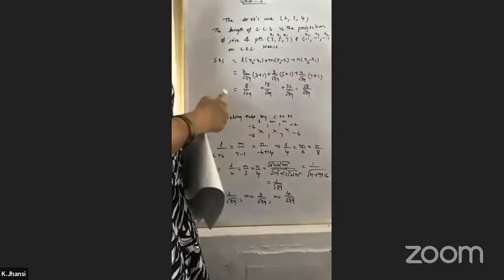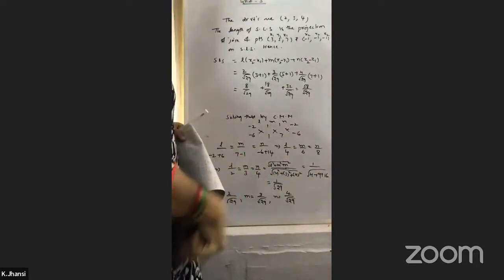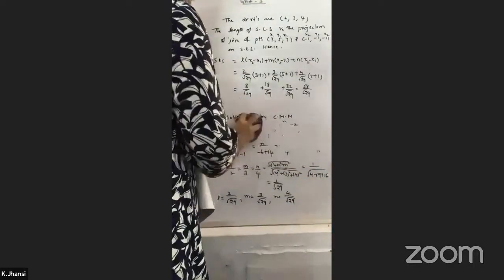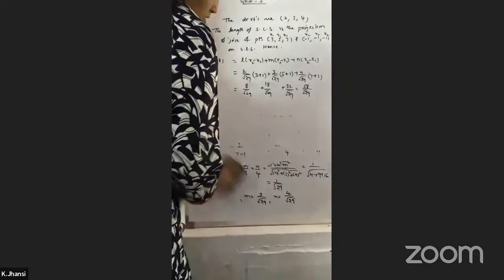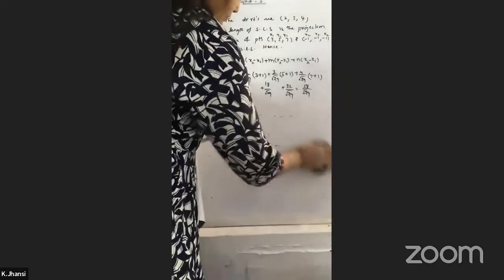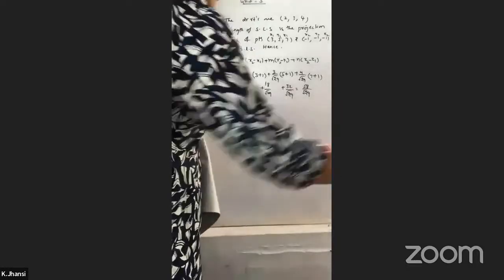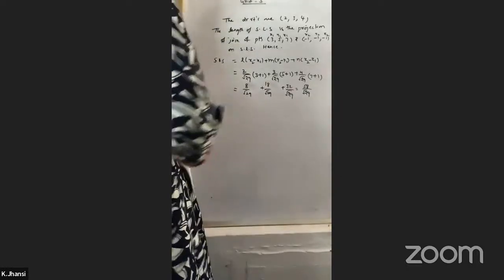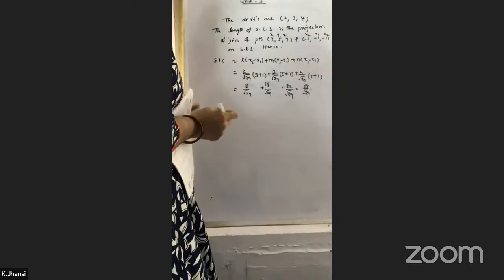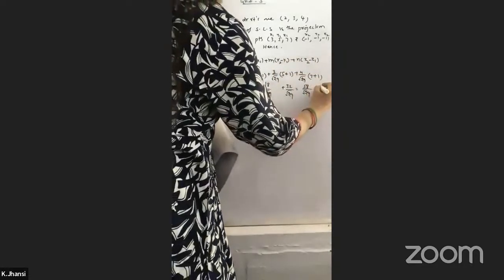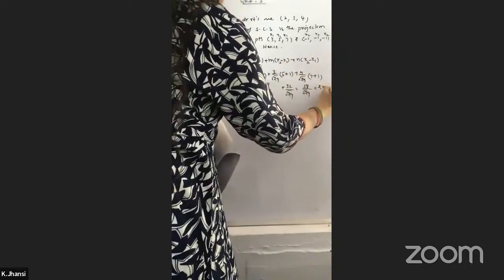In the denominator you have the root term. If you want, you can keep it like that, or else you can simplify it. 58 you can write as 2 into 29, so this is 2 into 29 by root 29.